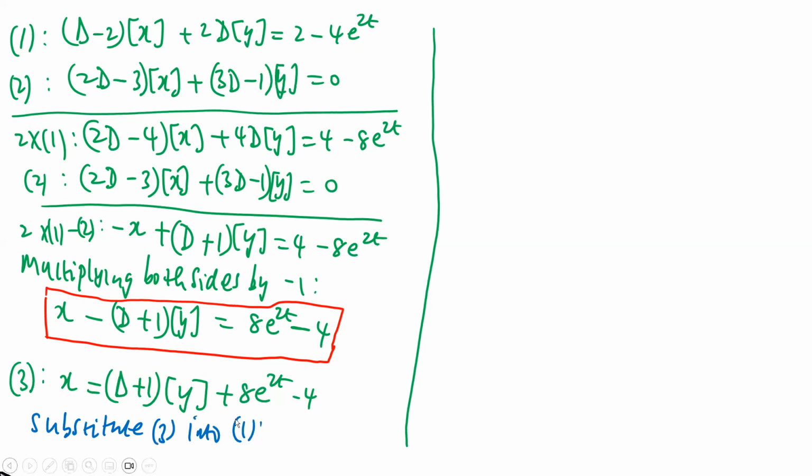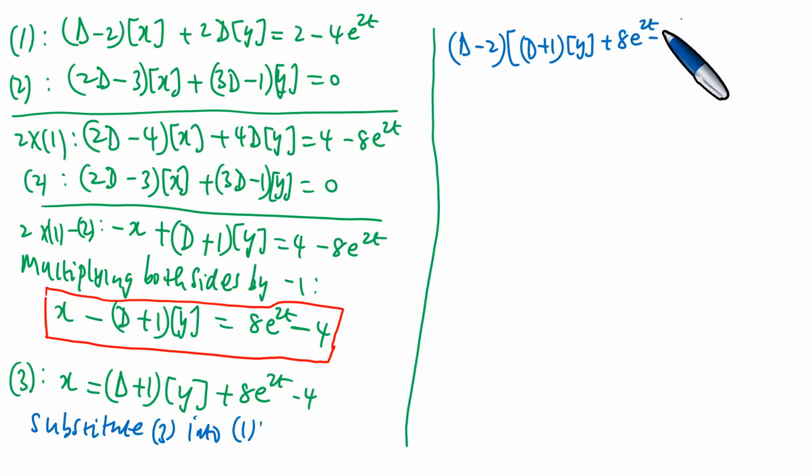And then if we do exactly that, we're going to have the following. Wherever there is x, we put that. So that's going to be (d minus 2). Wherever there is x, what do we put? We put this giant expression, (d plus 1) y plus 8e to the 2t minus 4.